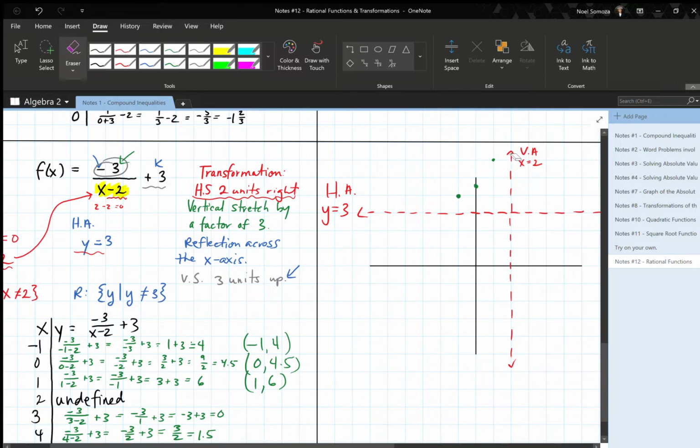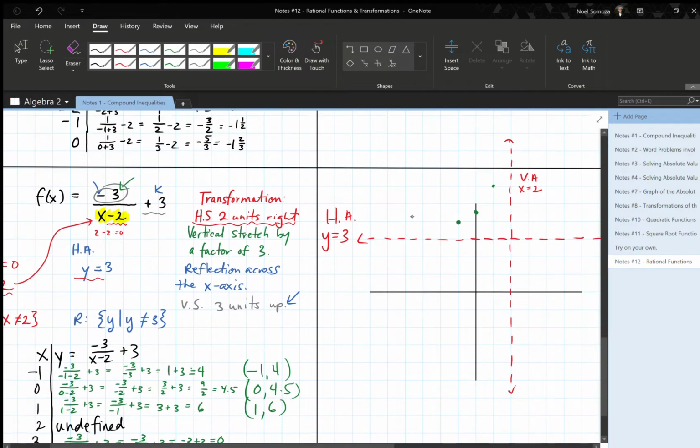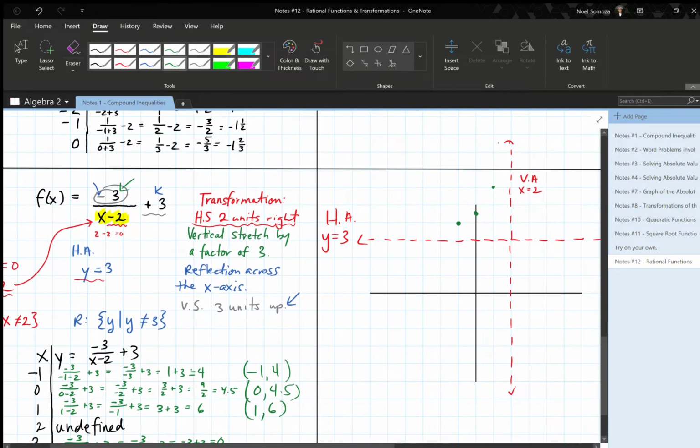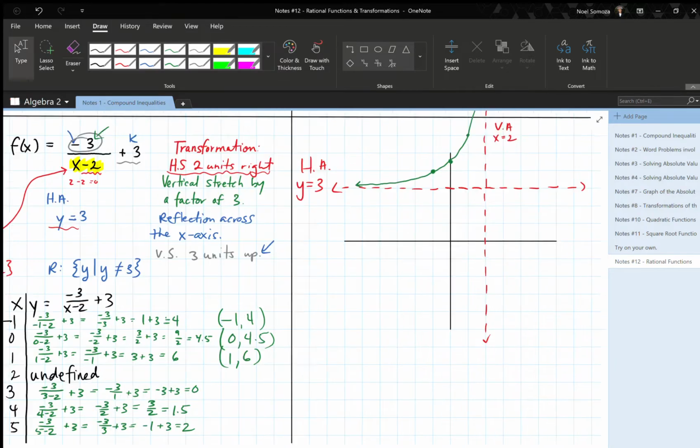I'm going to extend my vertical asymptote a little bit because the graph is going to grow pretty tall. Now, connecting between those 3 points, I have a curve that does something like this. And now let's plot on the other side.